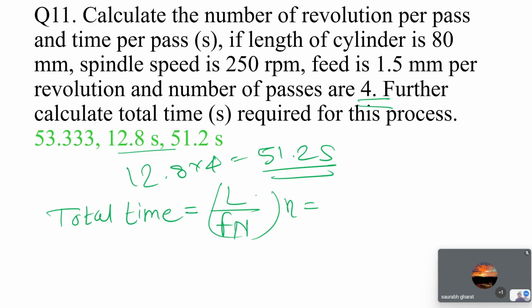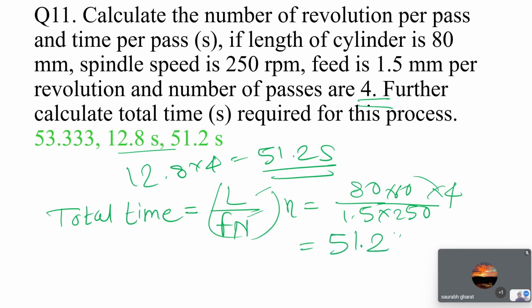So it is 80 divided by 1.5, then multiply by 60 because N is in RPM, multiply by 250, and into 4. It will give you the same answer, 51.2 seconds. This is correct.